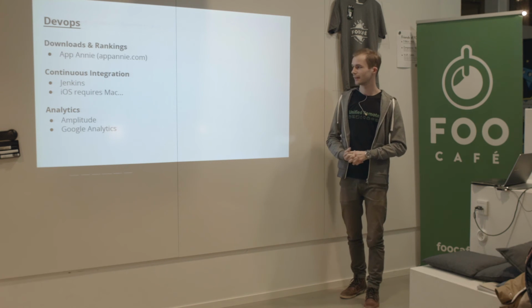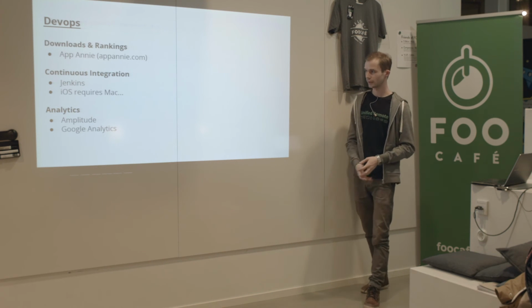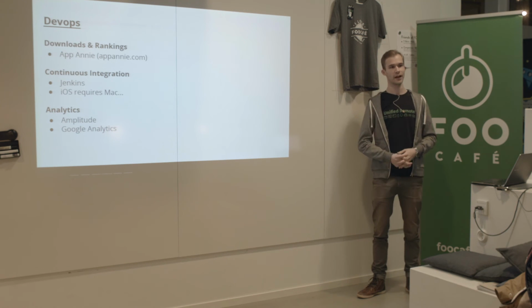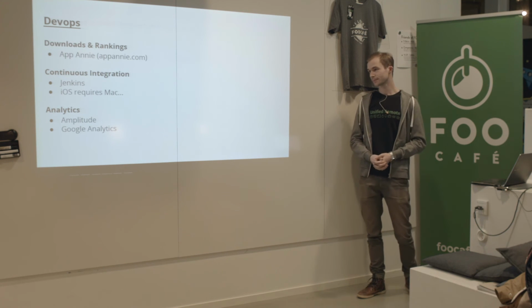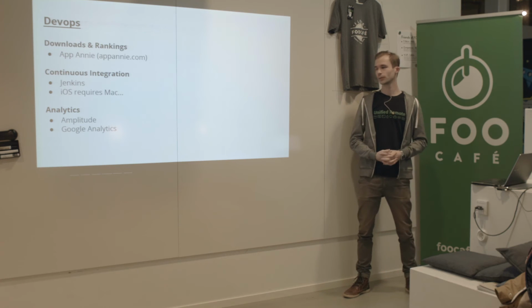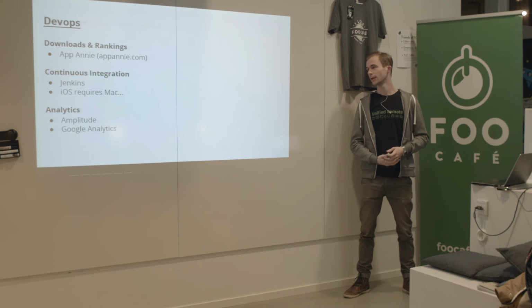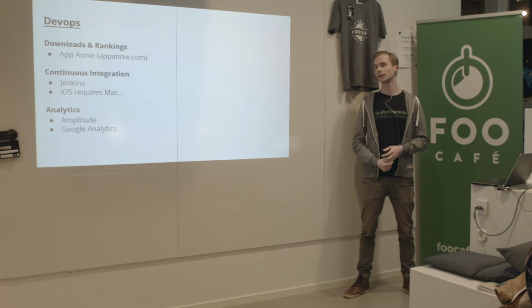And in terms of continuous integration, we try to automate as much as possible in terms of building and deploying our apps, mainly because those processes can be a bit tedious sometimes, in terms of packaging the app and making sure it's signed properly and all of this.